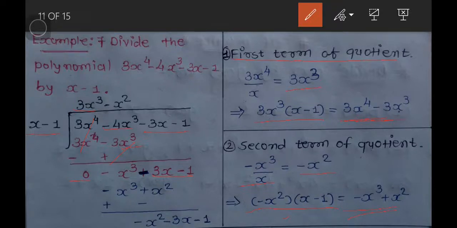So we get at last x minus x square minus 3x minus 1. Here you can see that in the dividend there is no term of x square, so we put it as it is.